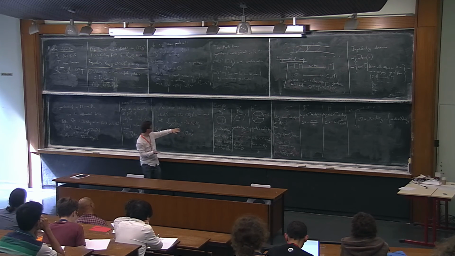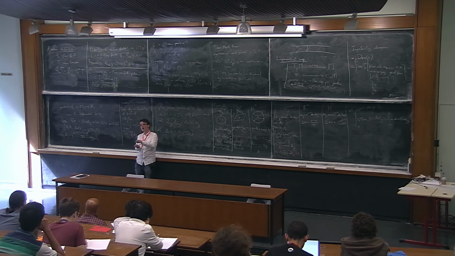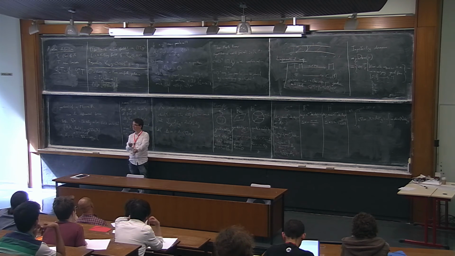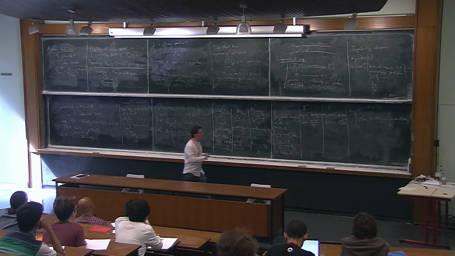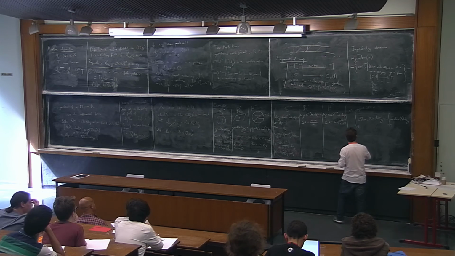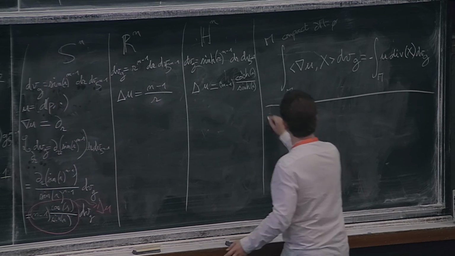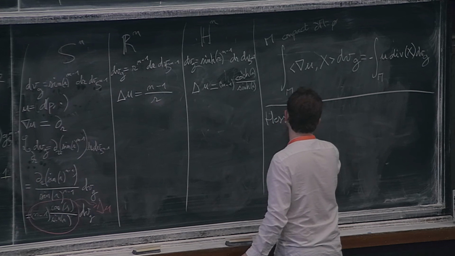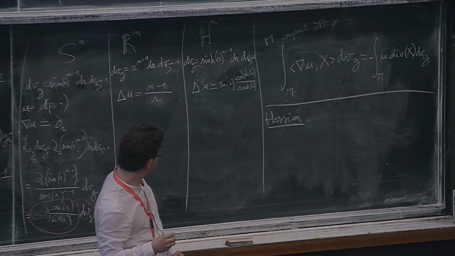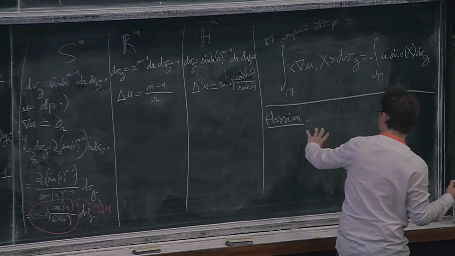So with this formula, the Laplacian tells us, when you move along geodesics, how fast the volume measure is changing. Now let us look at the Hessian. We will come back to that later.